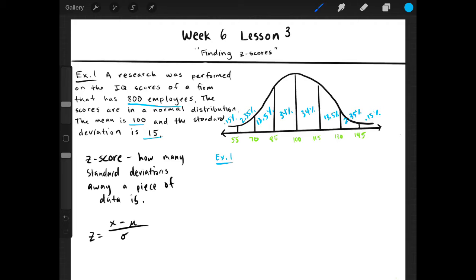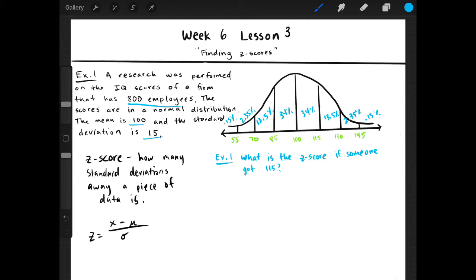Let's say someone got a score of 115. What is the z-score if someone got 115? Again, z-score is how many standard deviations away a piece of data is.